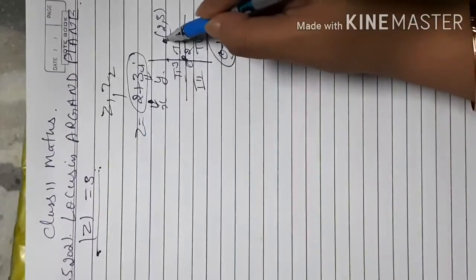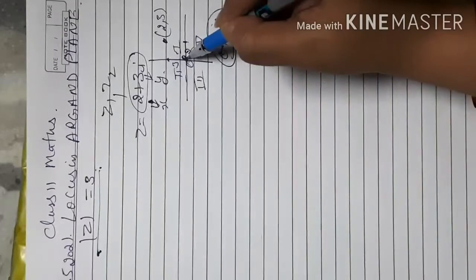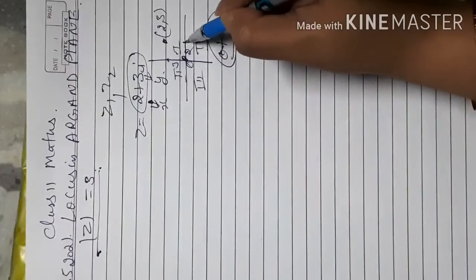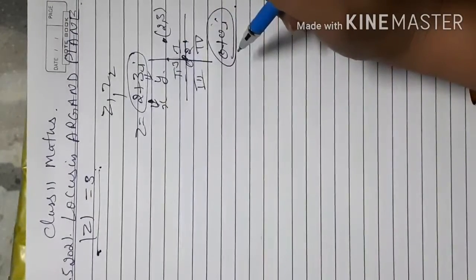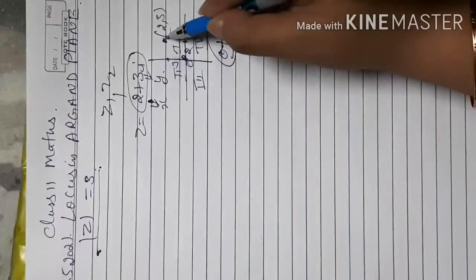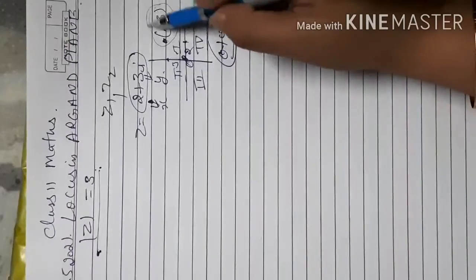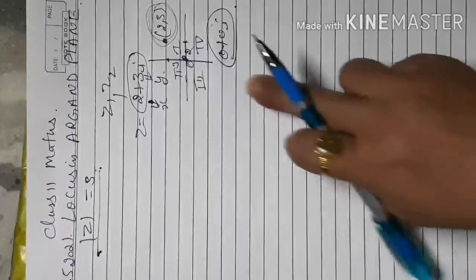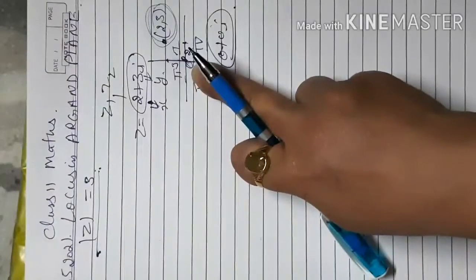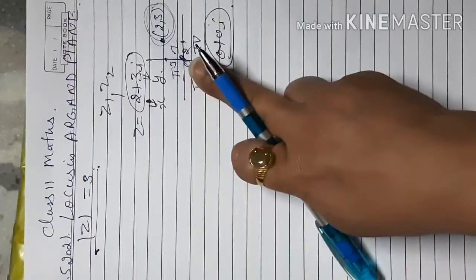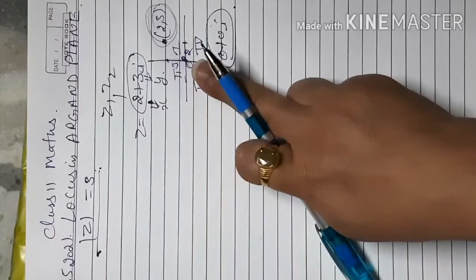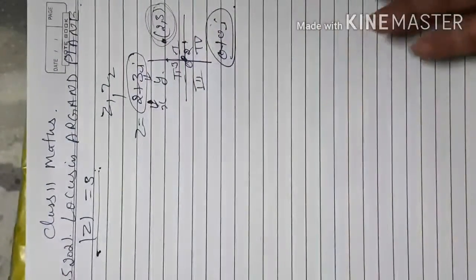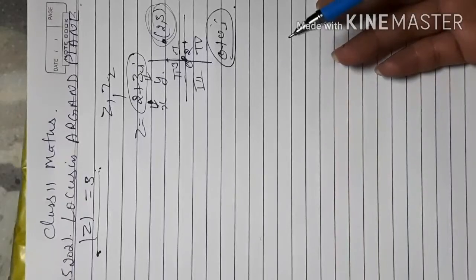There is no concern of that point with the origin, because we know that from the origin it covers a distance of 2 units on the real axis and 3 units on the imaginary axis. That's why we are able to find the location of this complex number with respect to the origin. If we don't know how much distance it is from the origin, along the real axis and imaginary axis, and the point goes beyond this boundary, then there is no use of that point.